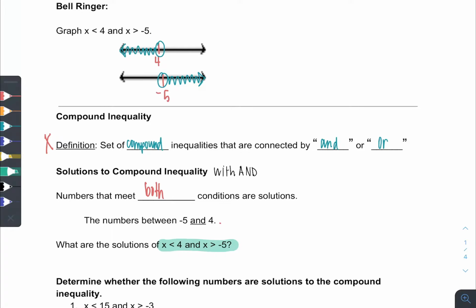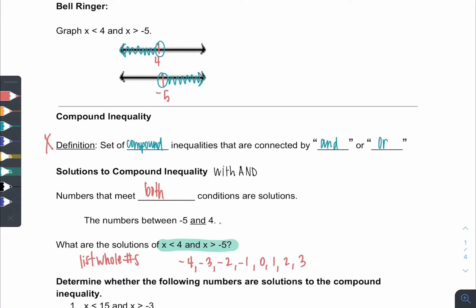We could list infinitely many solutions, but we'll just list the whole numbers. So we would have -4, -3, -2, -1, 0, 1, 2, and 3.